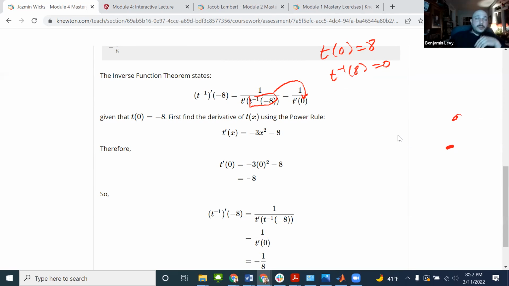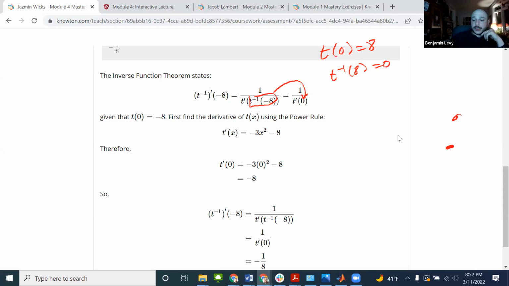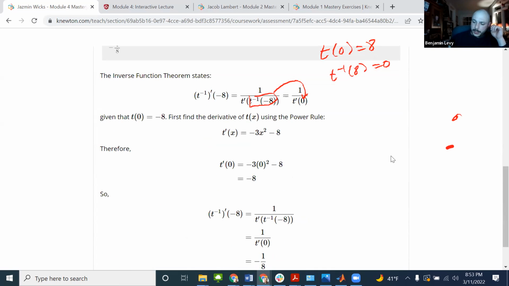And T prime of 0, I'm sorry, I think I said inverse a couple of times. T prime means we're taking the derivative. So right now we're just taking the derivative of that. Exactly, and that's an easy one, right? T was a nice easy power rule. Let me scroll up and remind myself what it was. It was minus x cubed minus 8x minus 8, not 8x cubed.